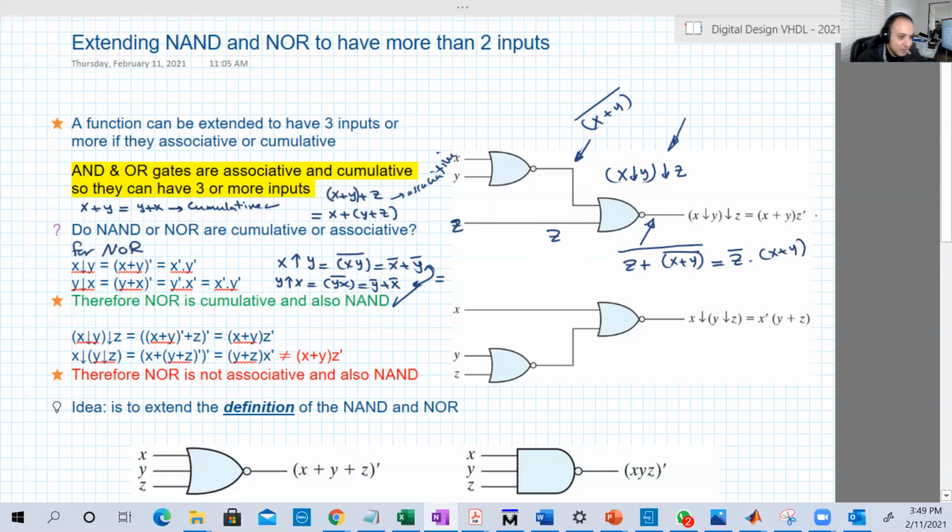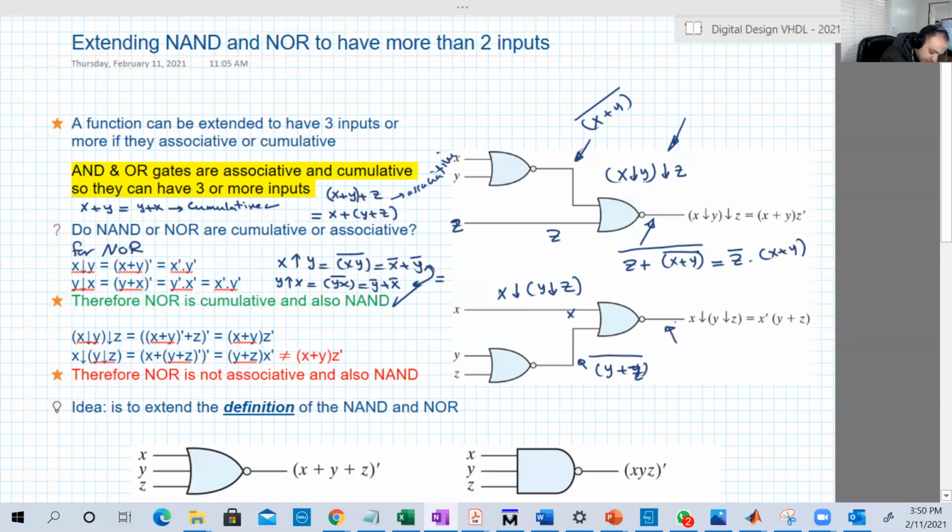Let's do now X NOR Y NOR Z, this time grouping the other way. Here is X, and this will be Y NOR Z, which is Y or Z complement.